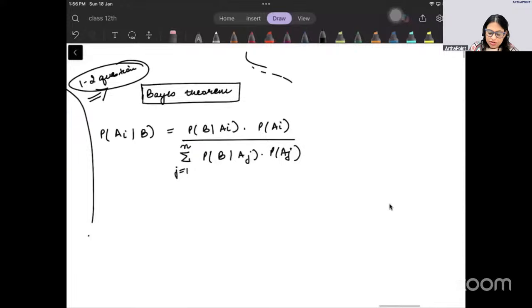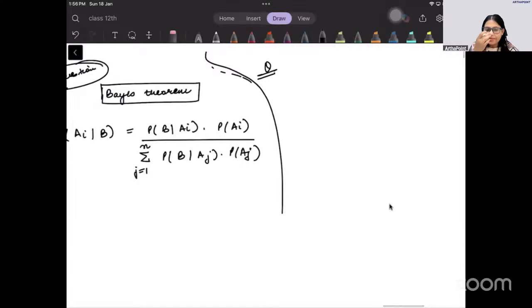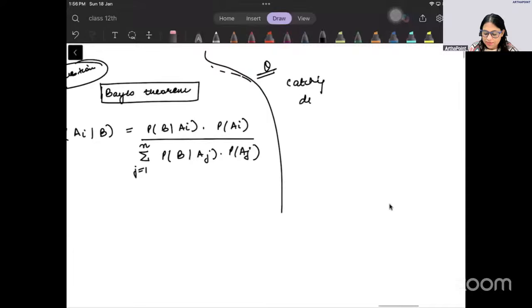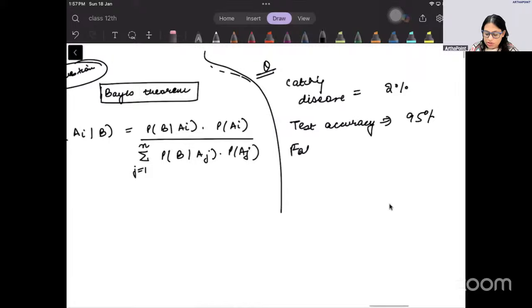तो हमारा जो first question है based on Bayes theorem, it is basically, let's say that there is a chance of catching disease which is 2%. Okay. Whenever you catch a disease, the test shows accurate results 95% of the time, and it shows false positive 5% of the time.